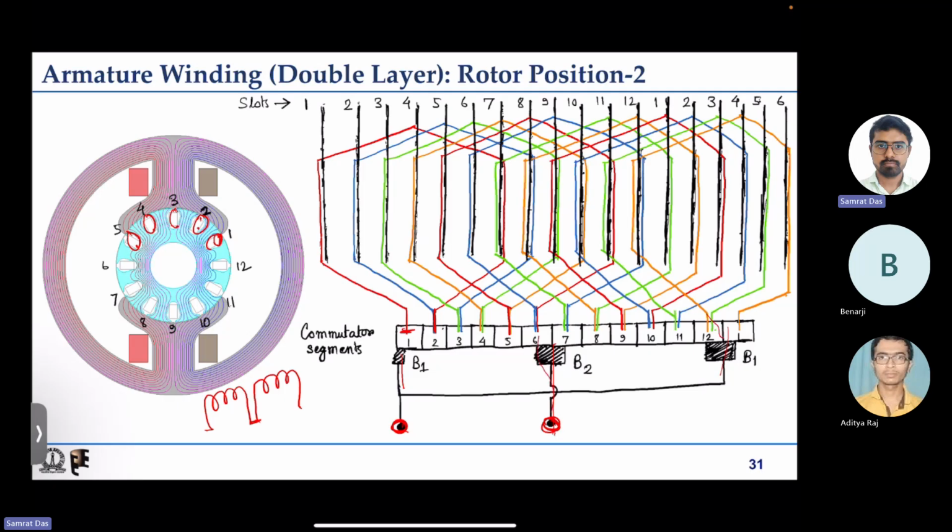There are two parallel paths, and within each parallel path there are 1, 2, 3, 4, 5 coils coming in series. So whatever the induced EMFs of these 5 coils are, they will get added up and be visible as the induced EMF of the entire armature coil. I hope that is clear.